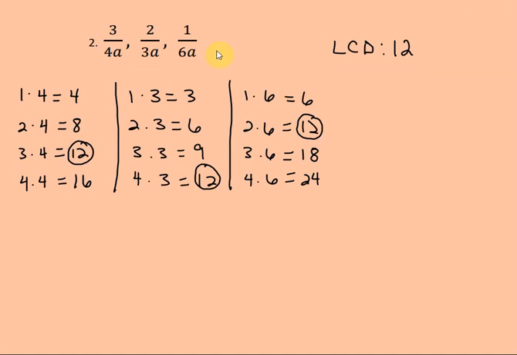If you'll notice, every denominator has an A. The first one has an A, the second denominator has an A, and the third denominator has an A. So the maximum number of times that A occurs in any of the denominators is once. So I'm going to include A in my least common denominator. So my least common denominator for these three terms is 12A.